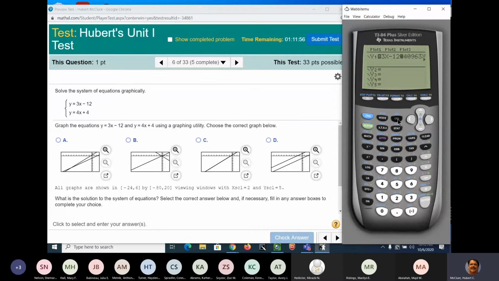I hate this calculator. 3x minus 12. And then y is equal to 4x plus 1.